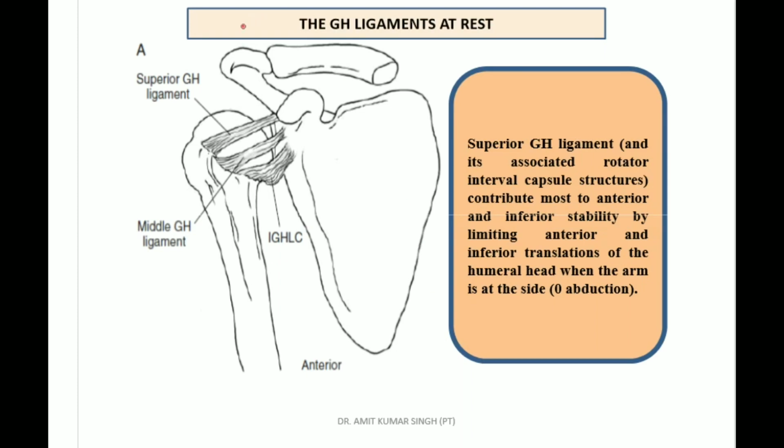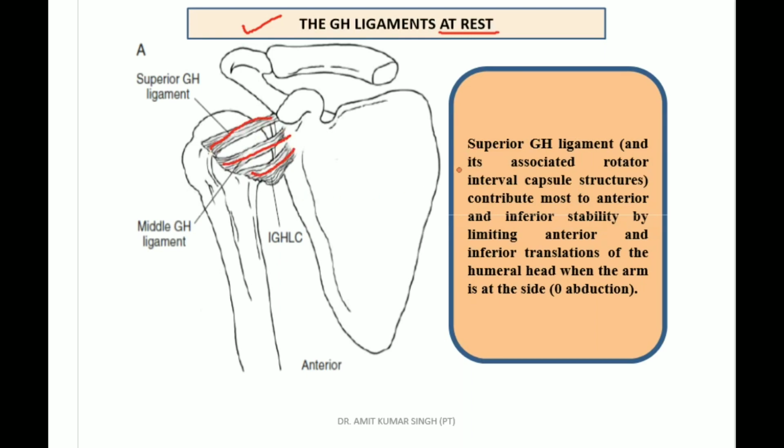So first we are going to discuss the glenohumeral ligaments at rest. At rest means when the body is in a static position, meaning the shoulder complex. As you can see in the diagram, this is our superior glenohumeral, middle glenohumeral and inferior glenohumeral ligament complex.